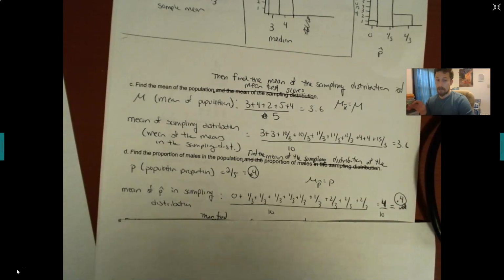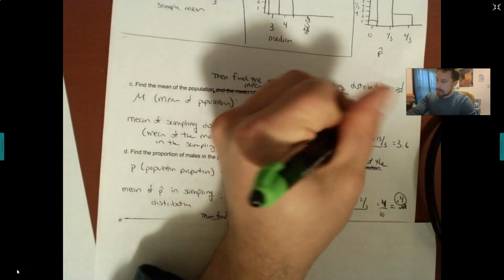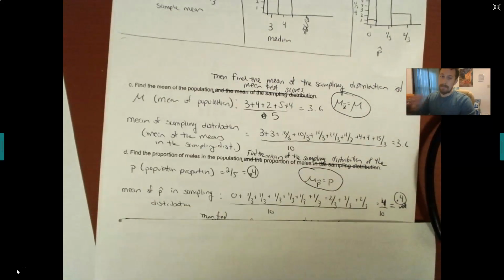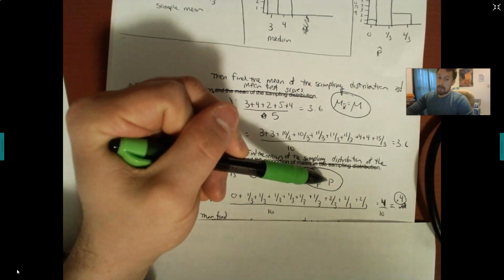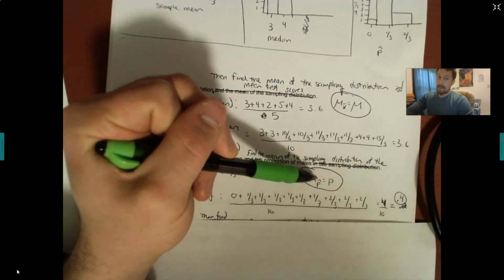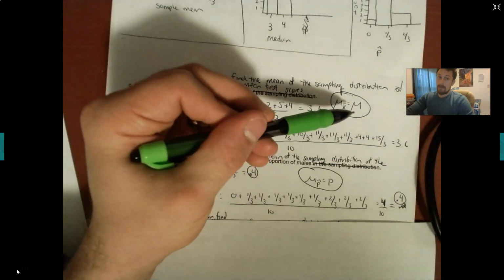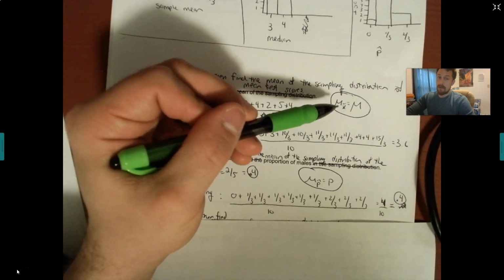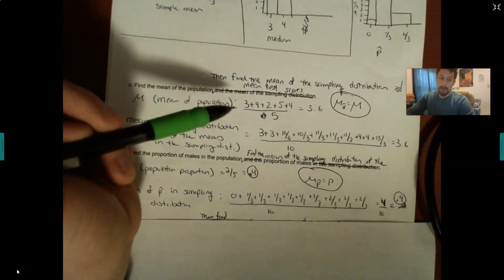in the whole population. You'll see I wrote these 2 little equations. That's what I just said. The population proportion is equal to the mean of all the p-hats when you take all possible samples. The mean of the population is equal to the mean of all the means when you take all possible samples.